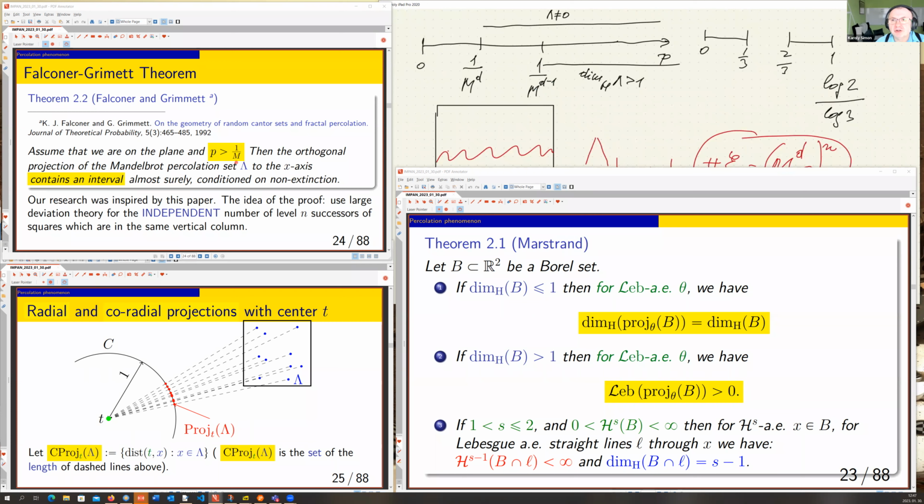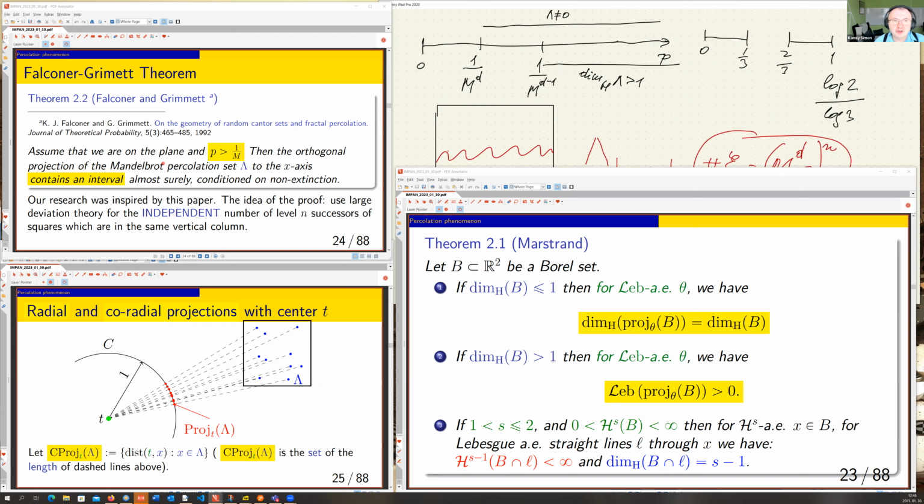So P bigger than 1 over M means that we are considering a set Lambda on the plane with Hausdorff dimension bigger than 1, and you project it to the x-axis, then it contains an interval almost surely conditioned on non-extinction.